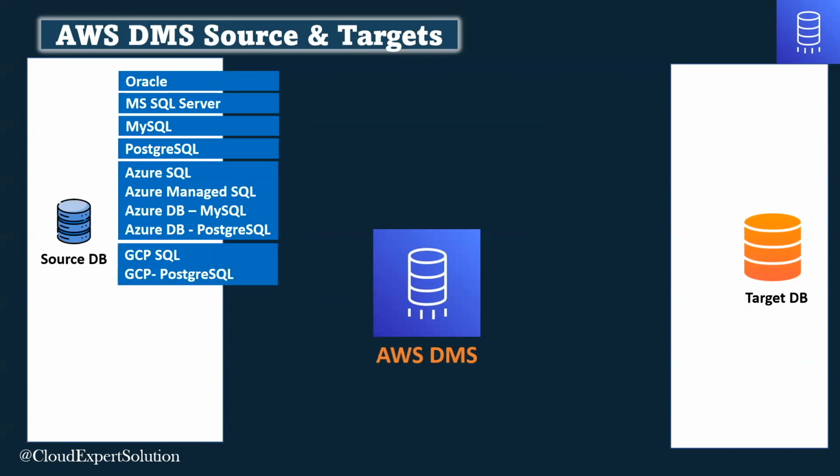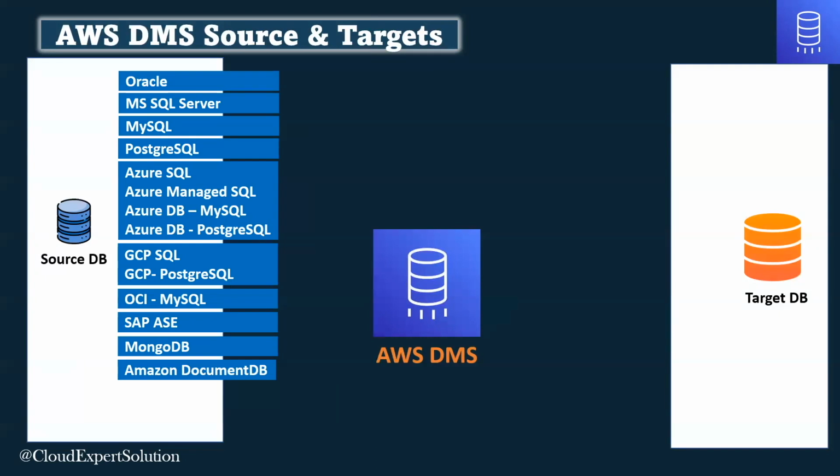Moving to GCP, it will support GCP SQL, GCP PostgreSQL, or the Cloud SQL database also as source. If your database is in Oracle Cloud, then yes, it will support Oracle Cloud also. If you want to migrate away from SAP ASE database, DMS supports that as well. If your database is MongoDB, in an on-premise data center or Mongo Cloud, that is supported.